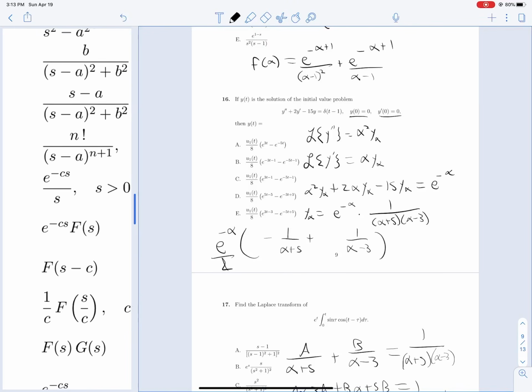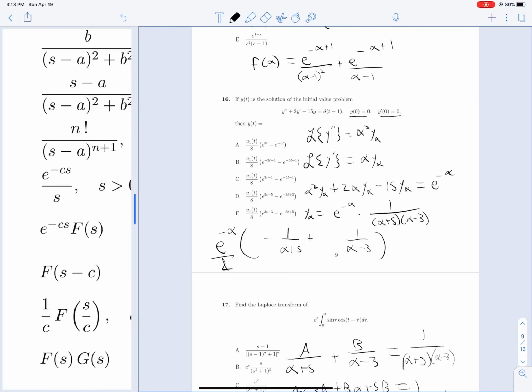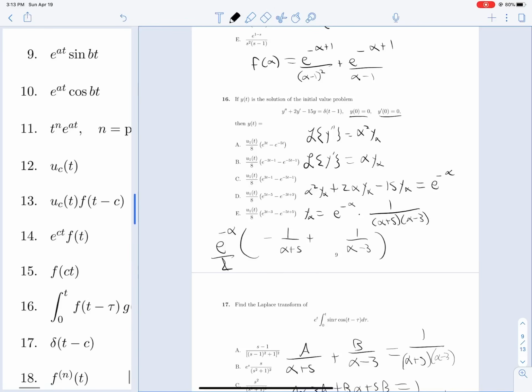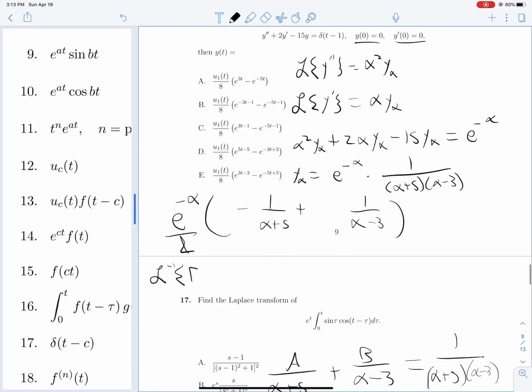The inverse Laplace transform of e to the negative cs times f of s will just give us uc of t, so we will get our inverse Laplace transform of f of alpha. We will get 1/8 because that factor doesn't change at all, times uc of t for c equal to 1, so u1 of t, multiplied by the inverse Laplace transform of this thing, replacing all of the t's that we get with t minus c.